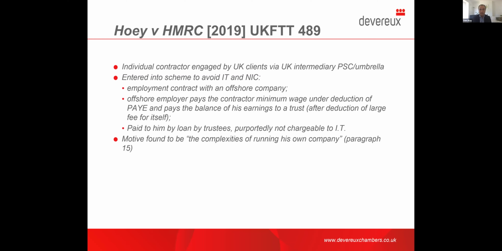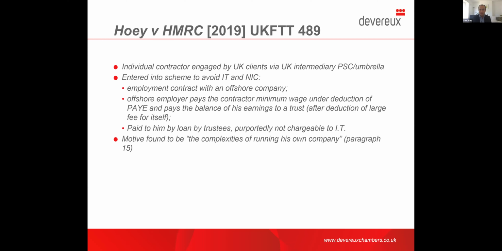Mr. Hoey was an IT contractor, and he was used to providing his services as an independent consultant or through personal service companies or, in some cases, umbrella companies. He found that difficult. Indeed, the FTT found that he found the complexities of running his own company too much for him to deal with.